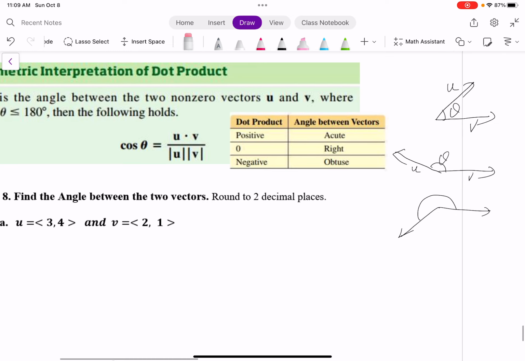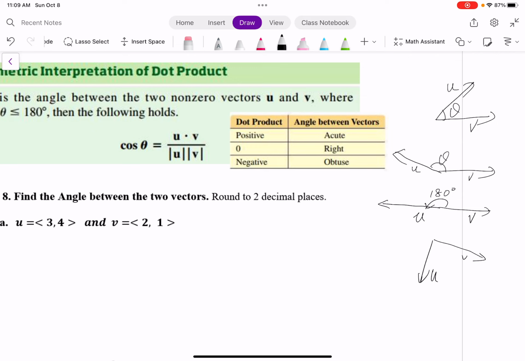The greatest value of the angle between these two vectors, v and u, is when they are in opposite directions, and this angle is 180. If I have this is v, this is u, and the angle is here, I will not measure this angle, because the angle between two vectors must be between 0 and 180.